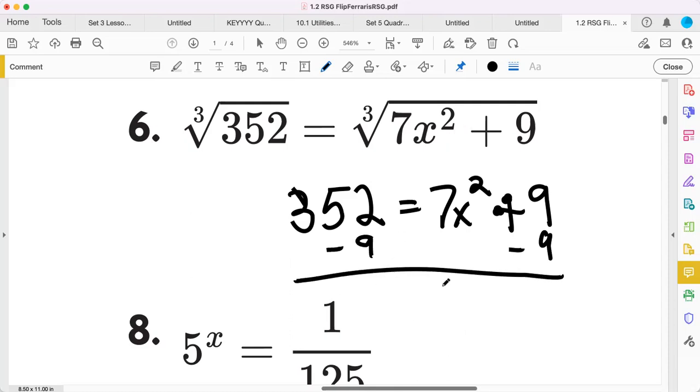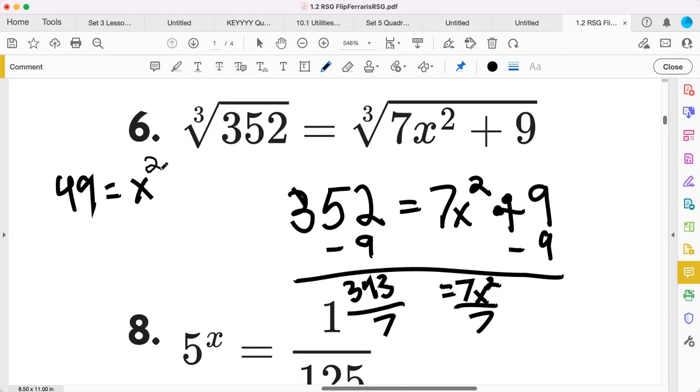And then you're still left with 7x squared, and you got it from there. Sorry for the cliffhanger on this, but we'll take this a step further. This leaves you with 343 equals 7x squared. You can divide by 7 here and here. So you're pretty much solving 49 equals x squared.